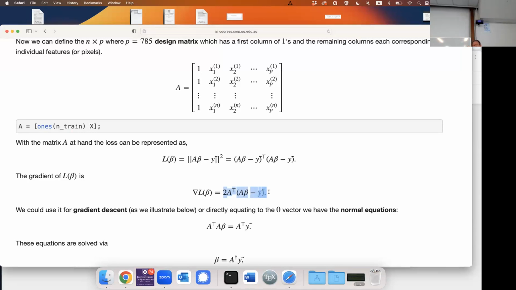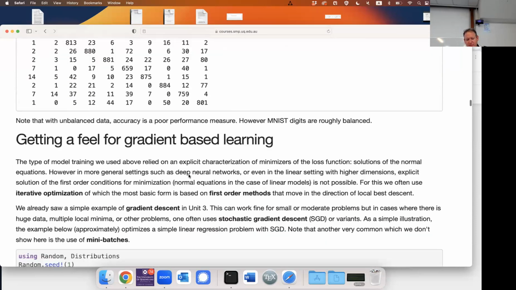An alternative would have been, we're too lazy for one reason or another to look at all of the data. So we're just going to take a subset of the data and look at the loss function associated with that subset. Stochastic gradient descent chooses some random data point or some random subset.